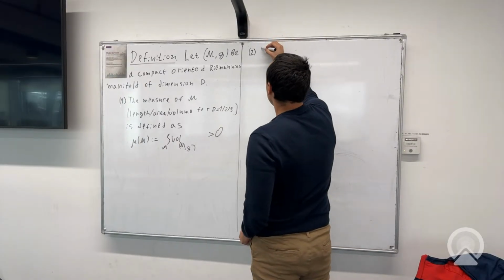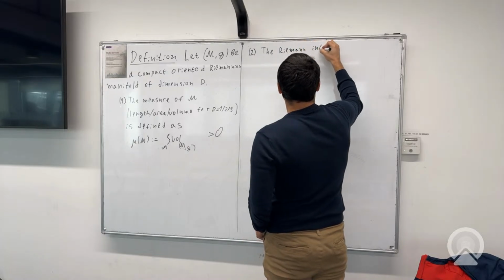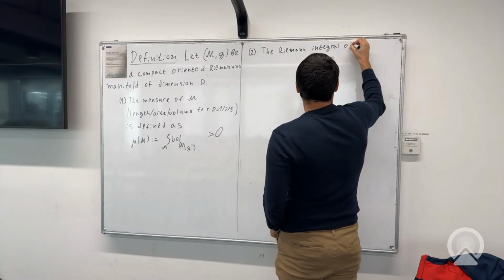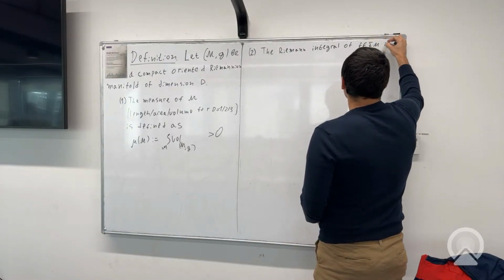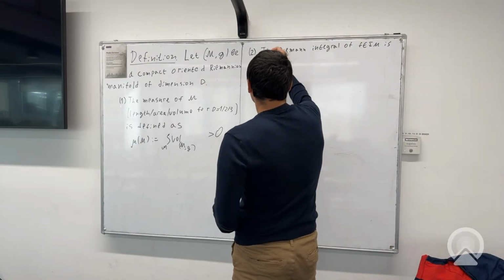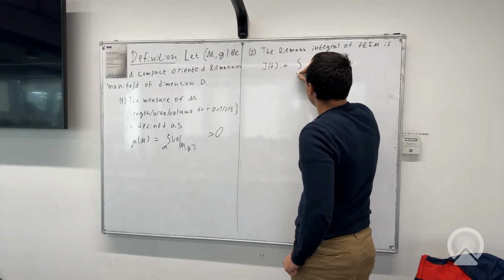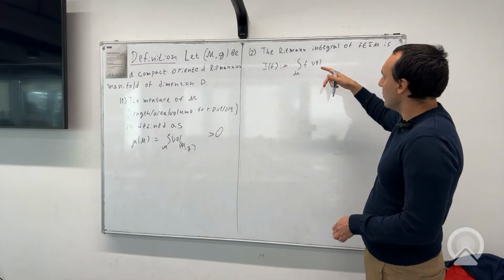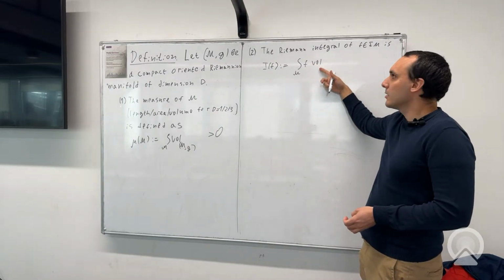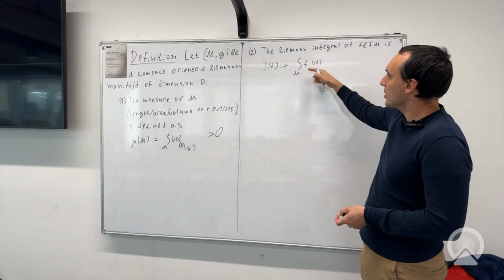And second, the Riemann integral of a function f is defined as, I don't know how to call it, maybe integral of f. Students are usually taught that functions are integrated, but you cannot integrate functions, you can integrate volume forms, you can integrate top dimensional forms.